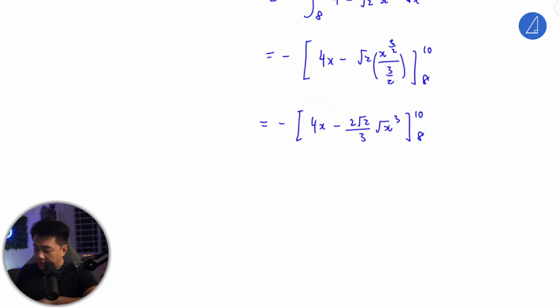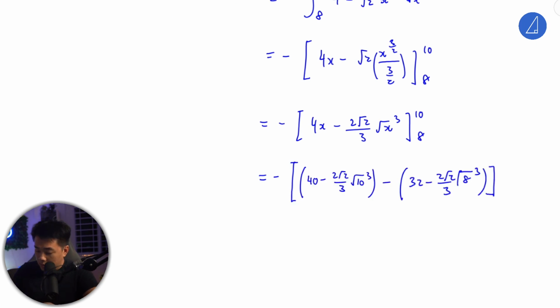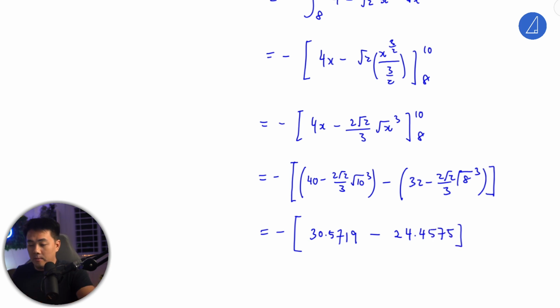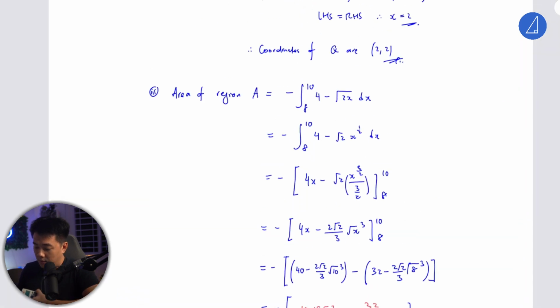We're going to simplify this and see how we can do it. They didn't ask for exact, so I guess we could just key in the calculator. The first one will be 30.5719 minus, keying the wrong value just now, so I got the wrong value, 24.4575.